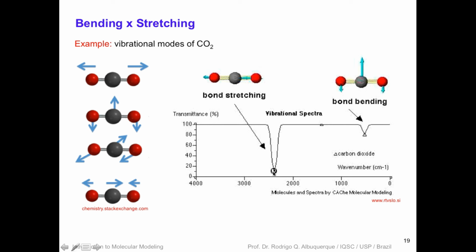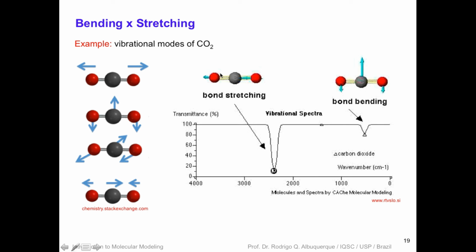So here we see a vibration spectrum of the CO2, and there is one peak here which relates to the bond stretching. You see that the energy is very high in relation to the bond bending movement. Here we have around 2400 centimeter minus 1, and here we have around 500 centimeter minus 1. So these two movements have different energy.